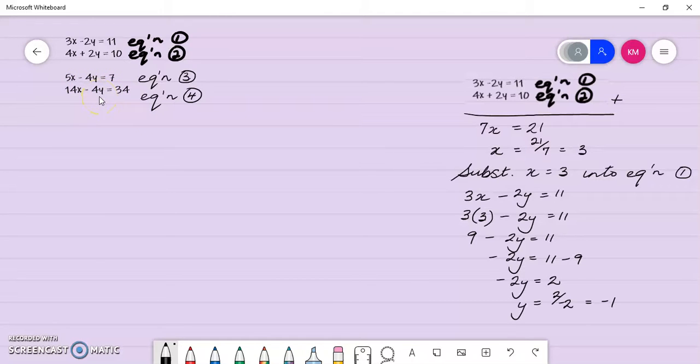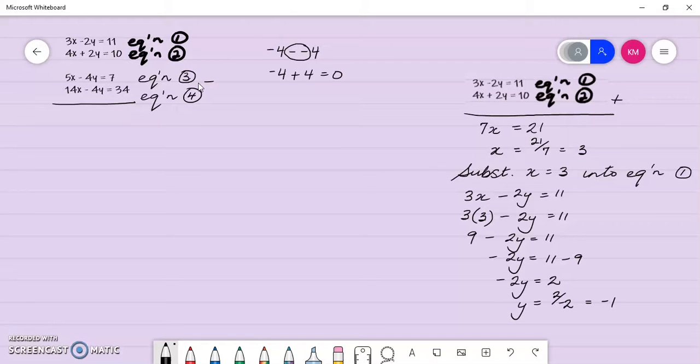Those two signs are going to become add. So I'm going to write that here. Negative 4 take away negative 4. Remember, these two signs coming together is going to be negative 4 plus 4, and that is going to be equal to 0. So I need to subtract both equations.